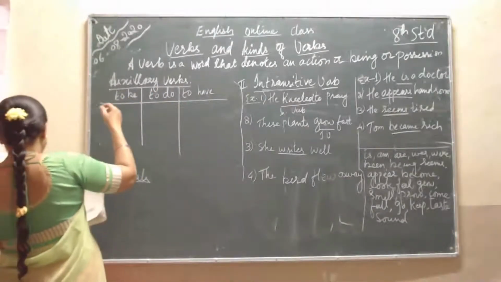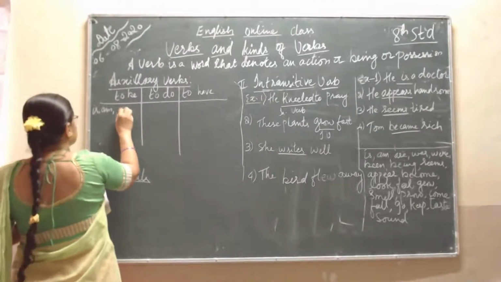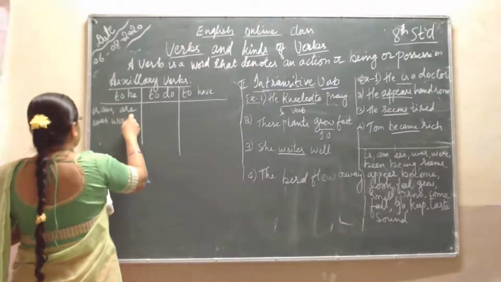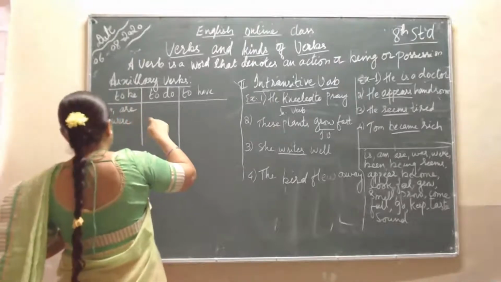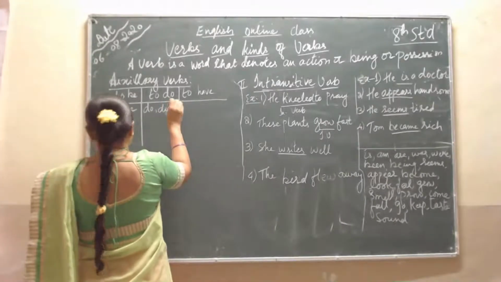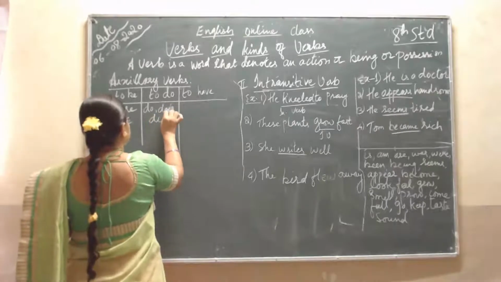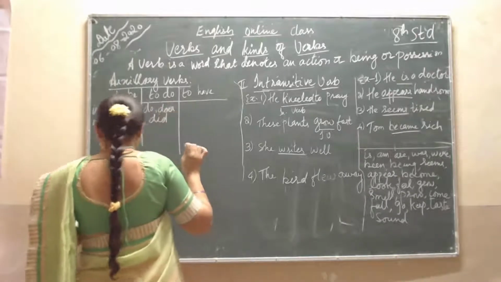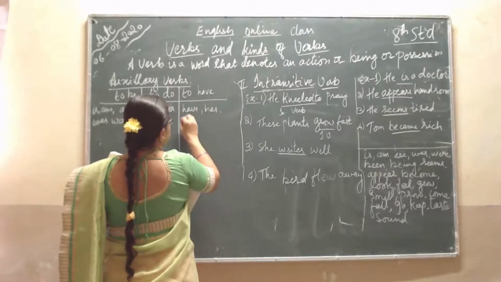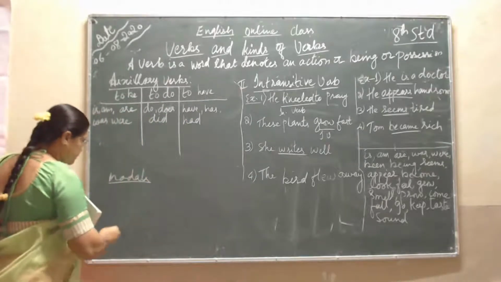First we see the to be verbs: is, am, are, was, and were. Then the to do verbs are do, did, and does. Next, to have: have, has, then had.